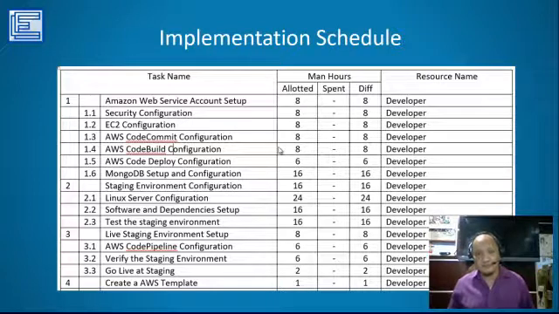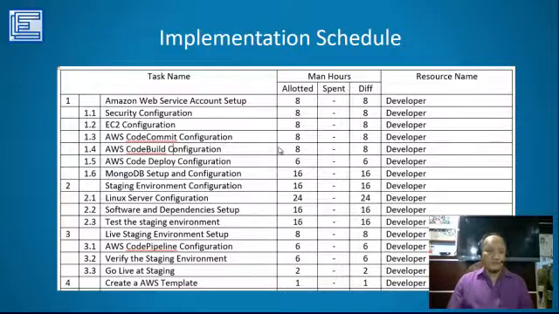If you can see, by the way, tasks 1 to 4 are the concern of the developer. So let's go back to the live staging environment setup, wherein you will have to configure the AWS CodePipeline.